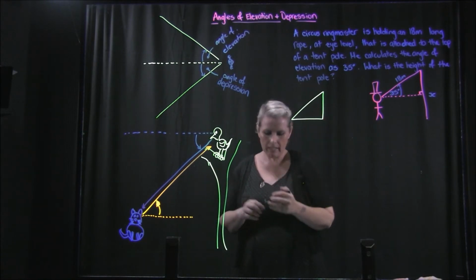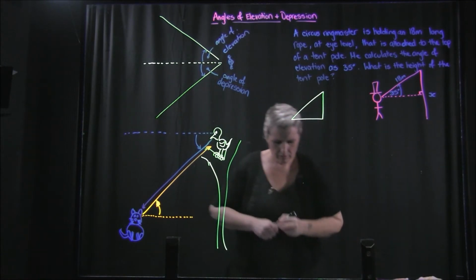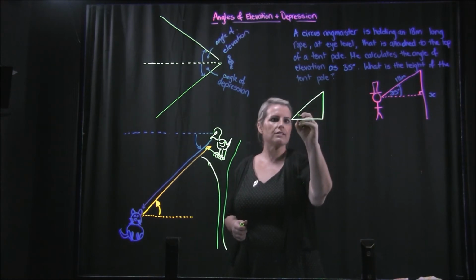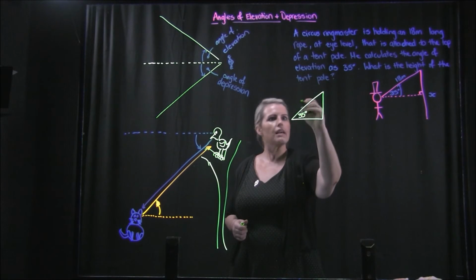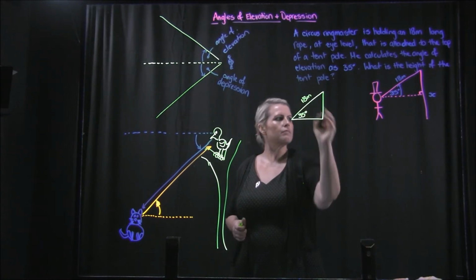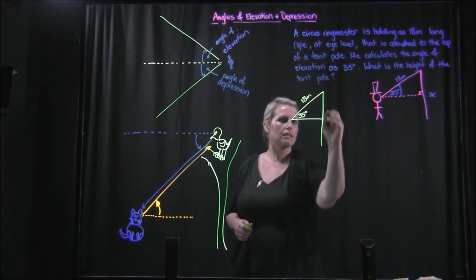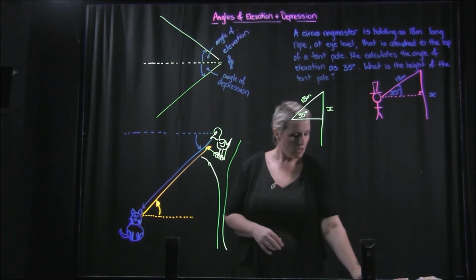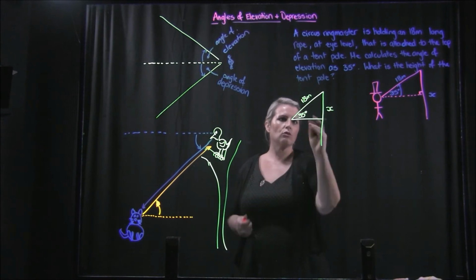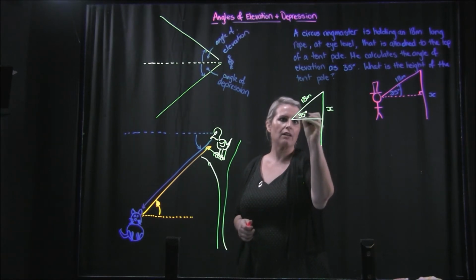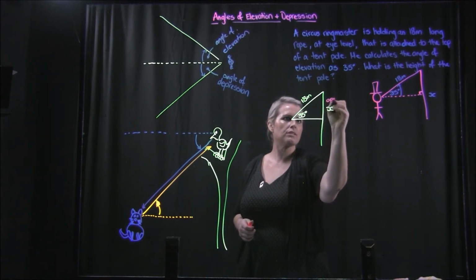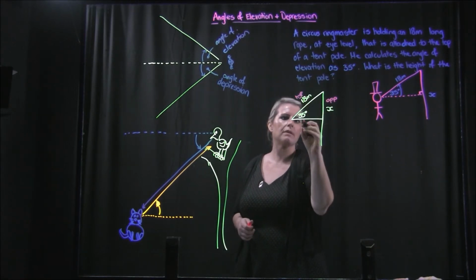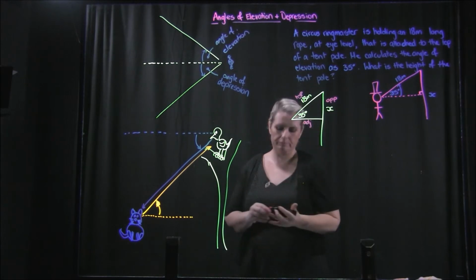Okay, so if this is my triangle, then this is 35 degrees. This is 18 meters. And this is X. What I can look at is, this is my angle, so this is going to be the opposite side. This is the hypotenuse, clearly, it's the longer side, and that means this is the adjacent side.